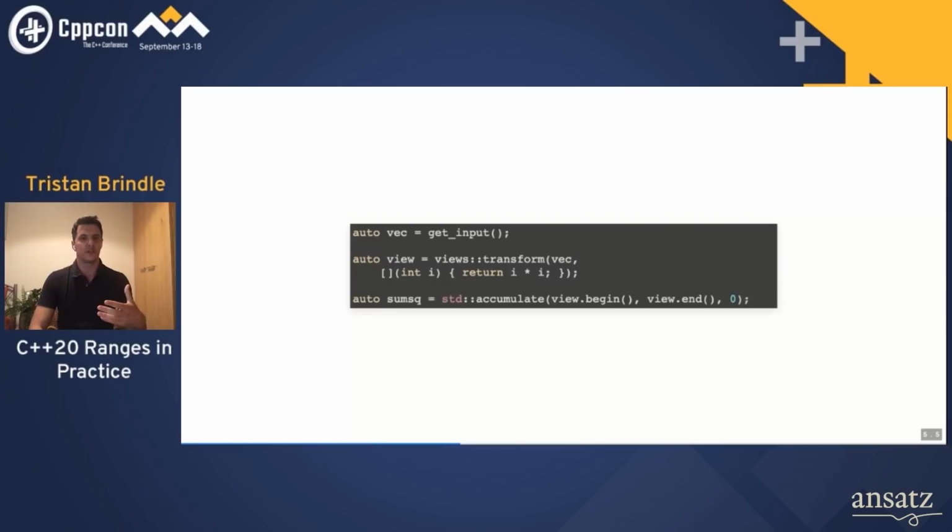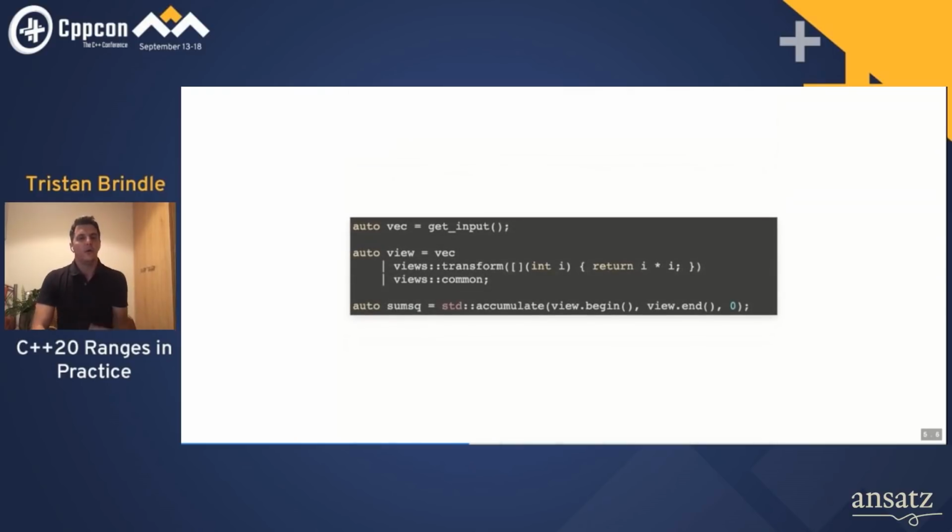This only performs the transformation when we dereference the iterators, as we're iterating over this range. So this is immediately better because previously we were doing 2 passes over the input range, once to transform and then once to accumulate. Now we're just doing 1 pass. So immediately this is pretty cool.